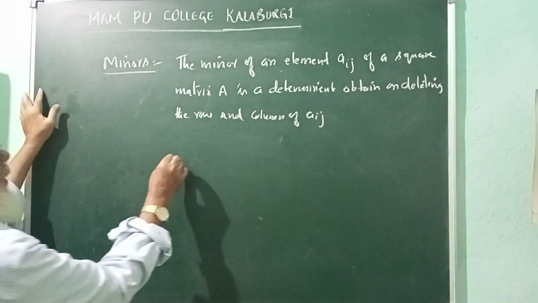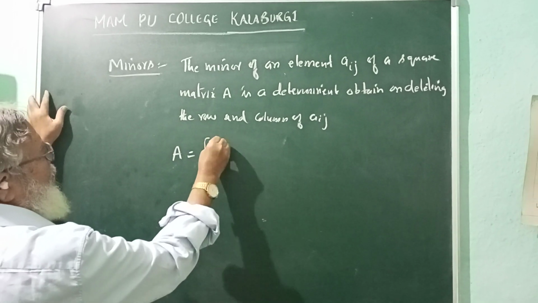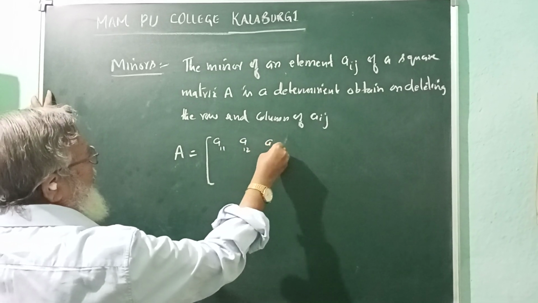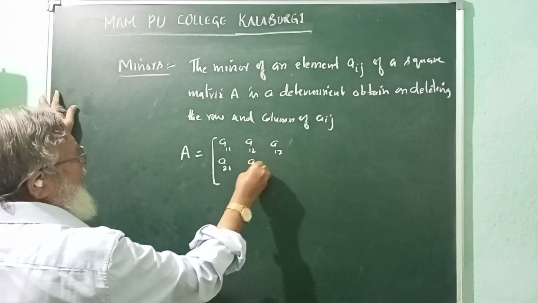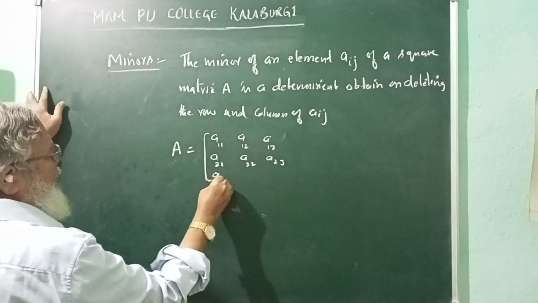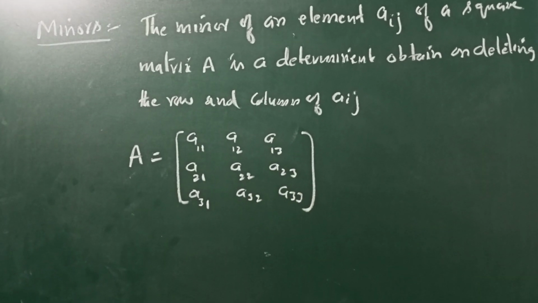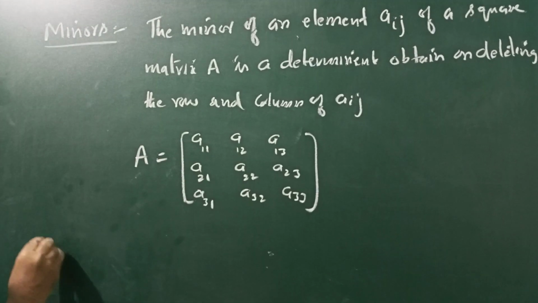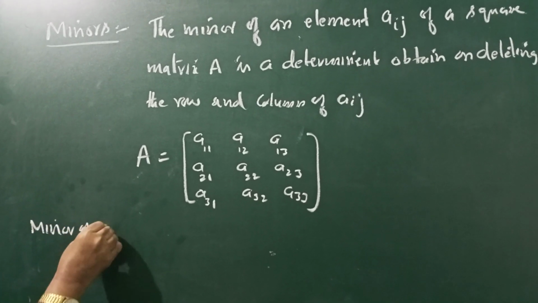Now see here, A is a square matrix. Suppose A11, A12, A13, A21, A22, A23, A31, A32, A33. Now we want to write down the minor of A11.